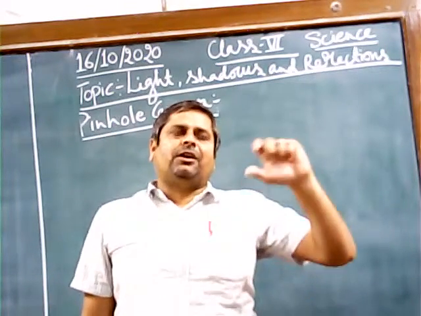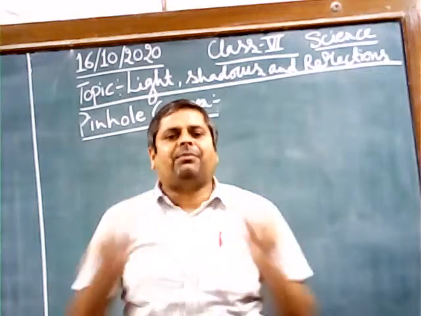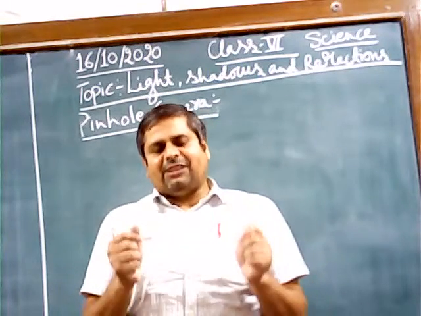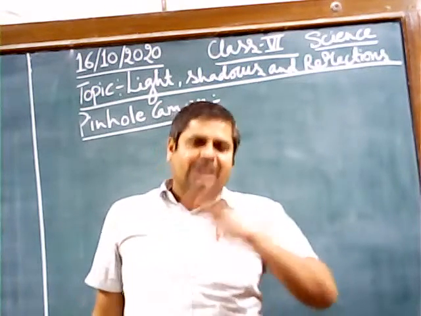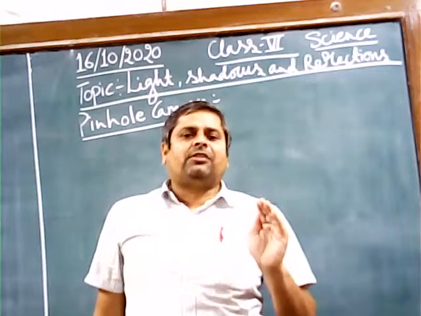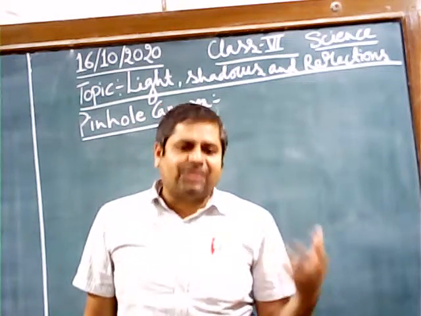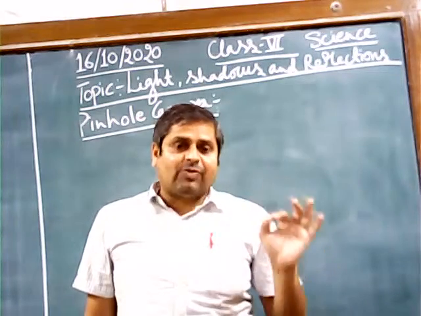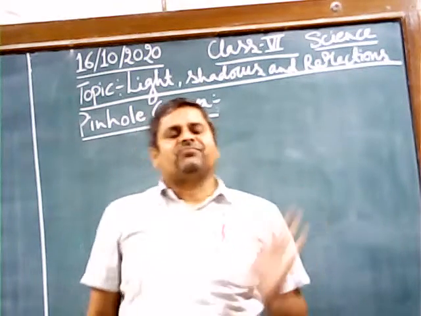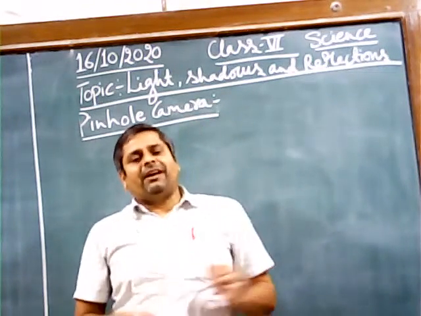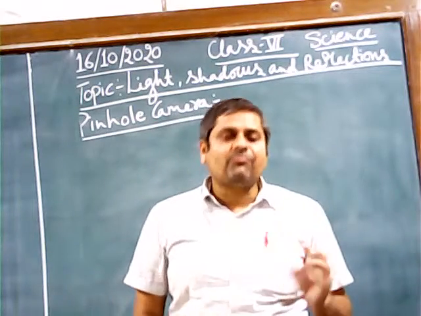But when we bent the pipe into a curved shape, it did not show the candle. What does this indicate? It indicates that light always travels in a straight path. Okay, children?